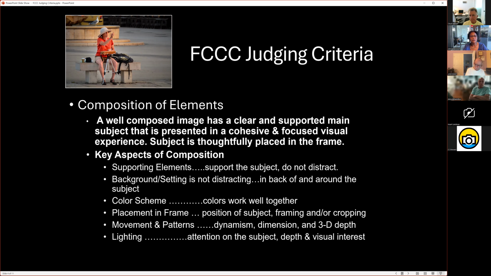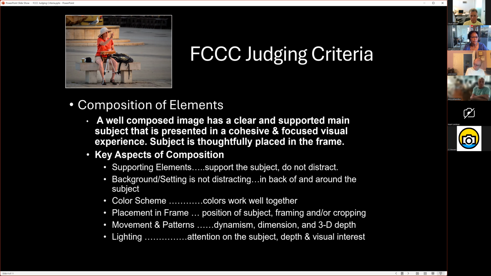These elements support the subject. They do not distract from the subject. 2, background/setting is not distracting. You want to look at the backgrounds and around the subject. 3, color scheme. Colors work very well together. 4, placement in frame, position of subject, framing, and/or cropping.